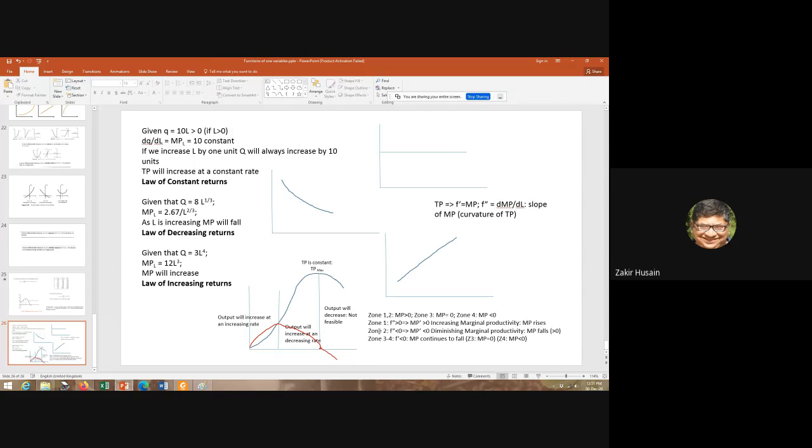But as I've told you, no sensible producer will produce at this point. Okay. So the average product will initially rise. It will be inverse U-shaped. Now, will it go like this or will it be like this?